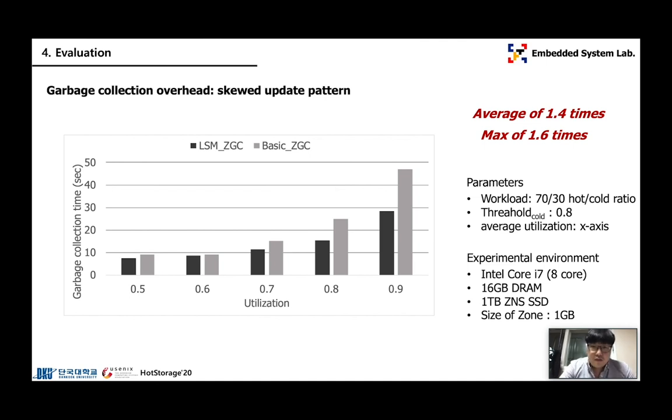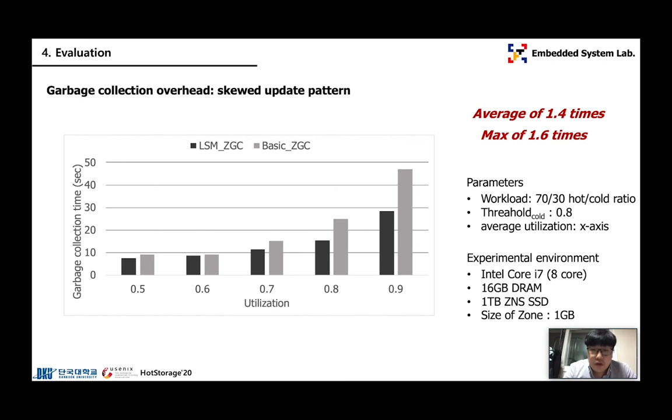This slide shows results on the workload that updates data with a skewed pattern. In this case, data is updated with a 70/30 hot-cold ratio, meaning that 30% of data is updated with a probability of 70%. In the skewed pattern, hot-cold separation occurs. In this experiment, we set the cold threshold as 0.8, meaning that a segment whose utilization is larger than 0.8 is identified as a cold segment.